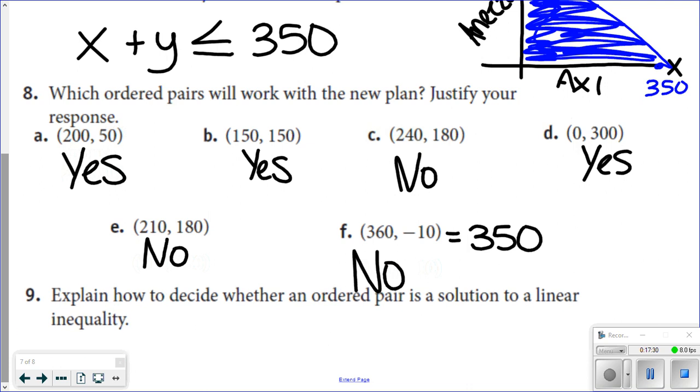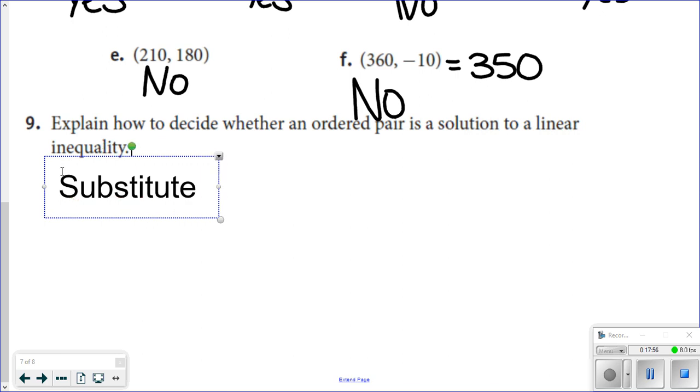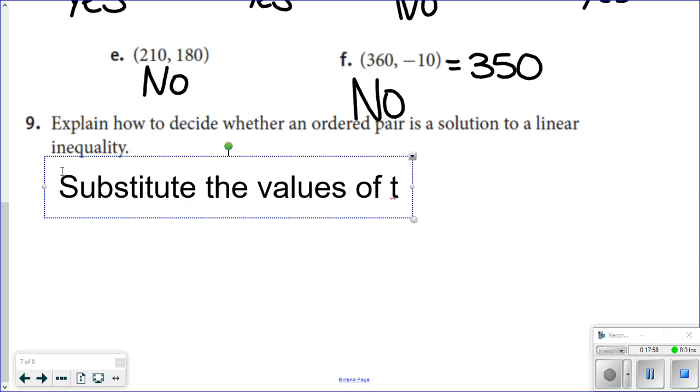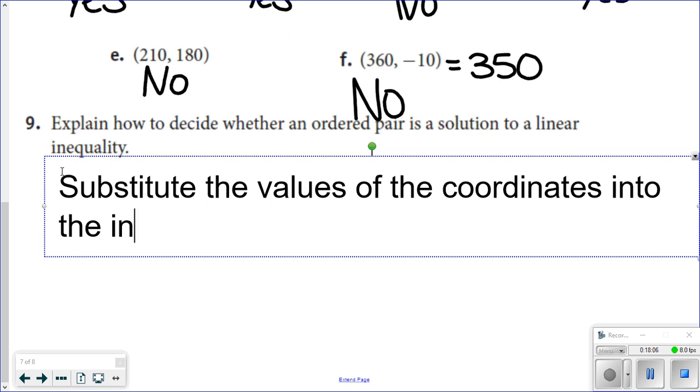So for question 9, it says explain how to decide whether an ordered pair is a solution to a linear inequality. Well, I would take that ordered pair and I would substitute the values of the coordinates, so whatever your x and y's are, into the inequality.